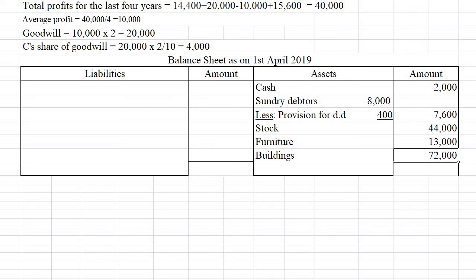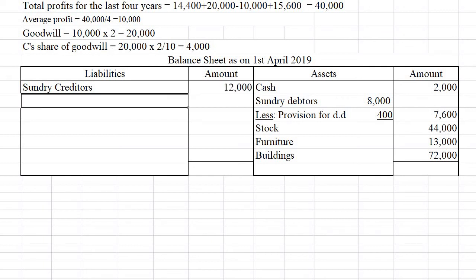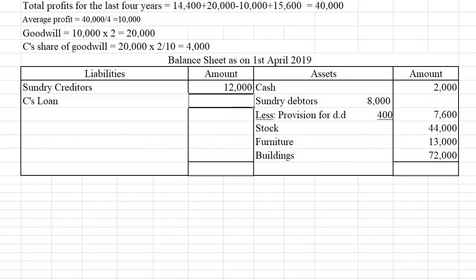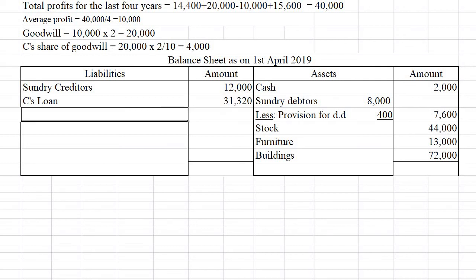Liability side we have first item sundry creditors. Sundry creditors is written amount 12,000. Okay, then after that we have C's loan. 31,320 is written. Then next, employees provident fund.